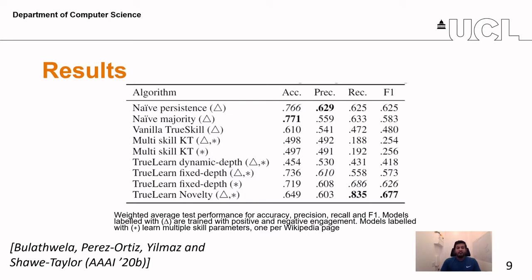And we use the F1 score, which is an aggregation of the precision and recall metrics, in order to do model selection. And our results with the peak dataset demonstrate that the TrueLearn novel model that we propose is superior and outperforms all the competitive baselines.